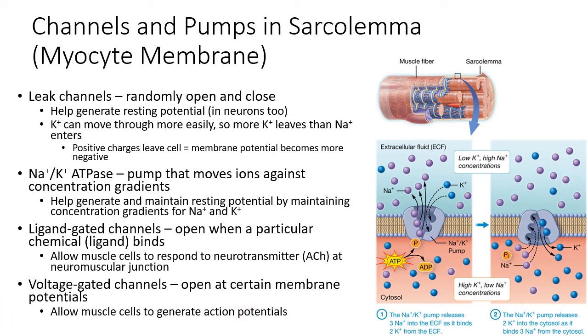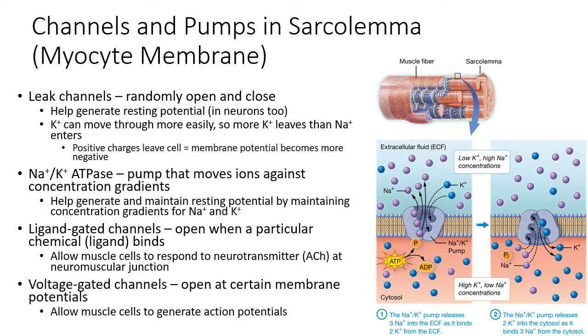That costs ATP because you are moving the ions against their concentration gradient. You're moving the sodium to where you have more already and moving the potassium to where you have more of that already. Anytime you're going against a concentration gradient, it costs energy.